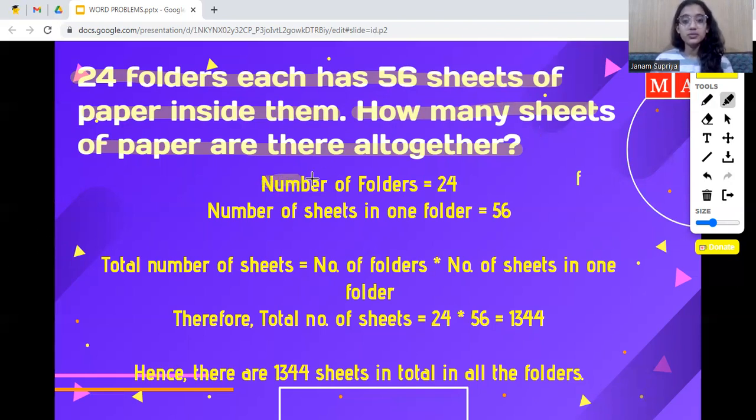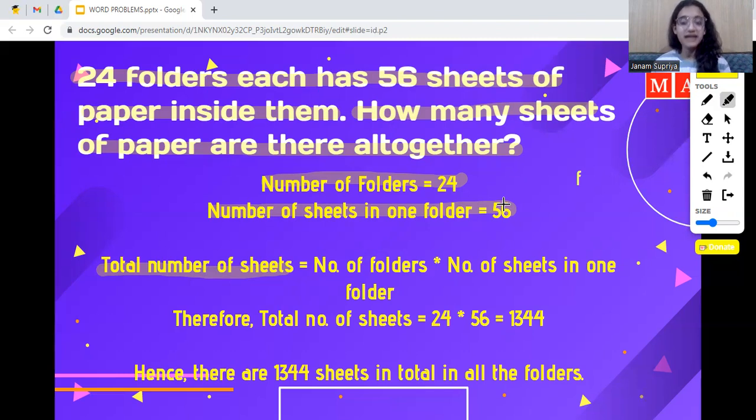Right, so the number of folders, the given part, is 24. The number of sheets in one folder is 56. So how will we find the total number of sheets? For finding the total, we need to add 56 sheets 24 times.